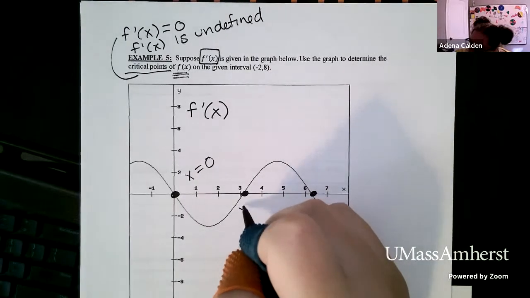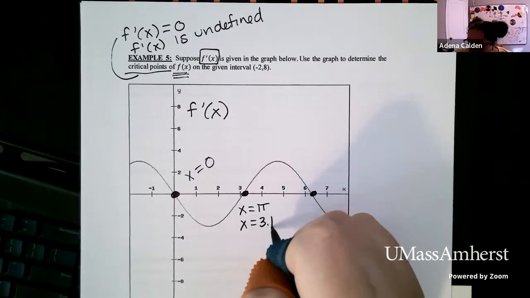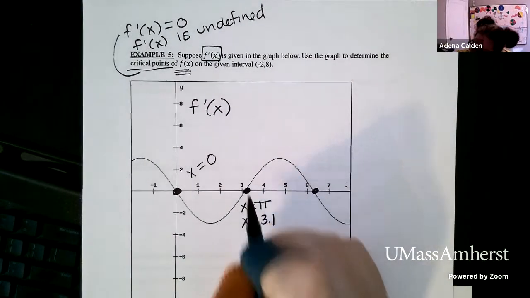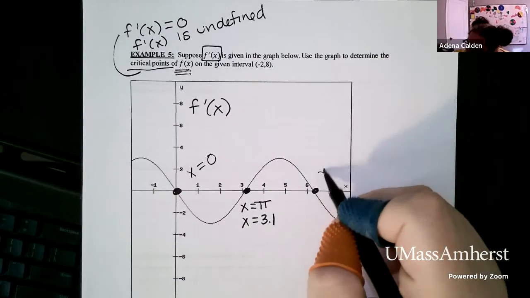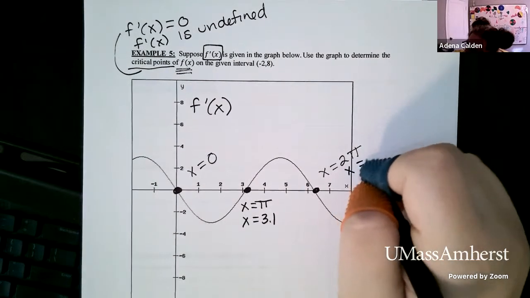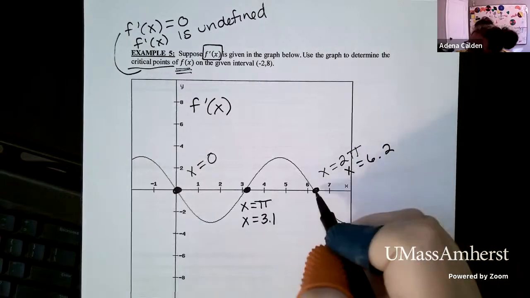This one happens at pi, but you could also say 3.1 approximately, right? That's where this crosses. And then over here, you may have noticed that this is 2 pi, or you may have called this something like 6.2. Either one is fine.